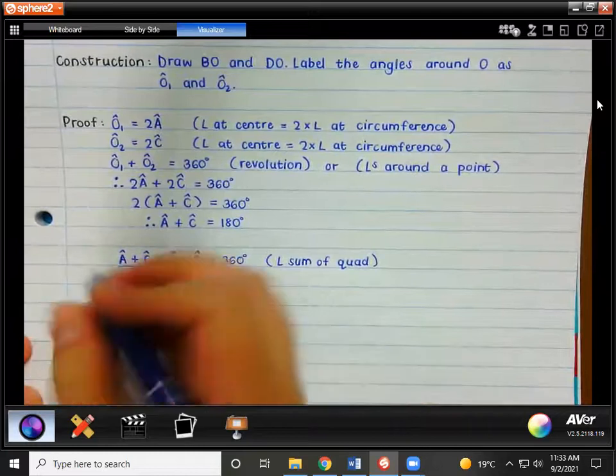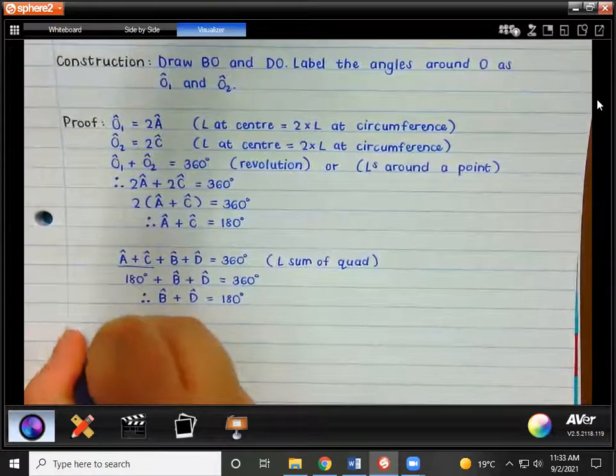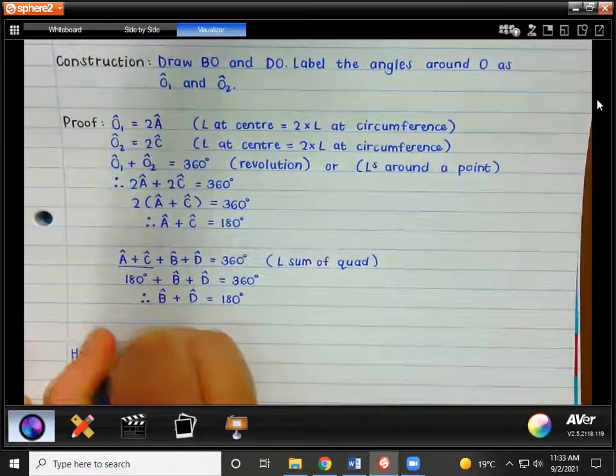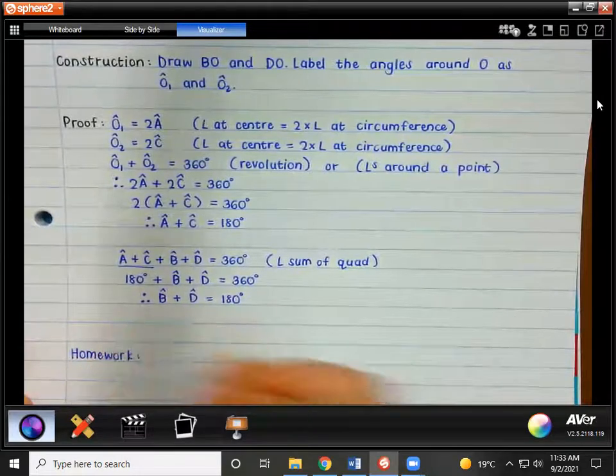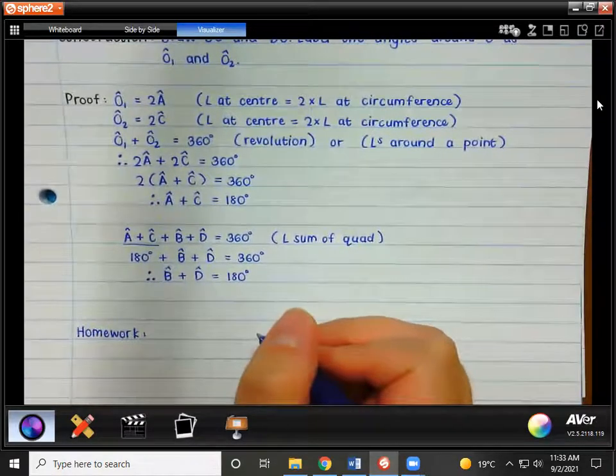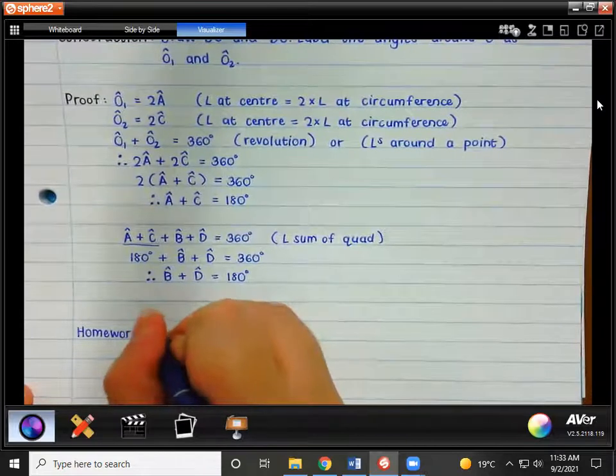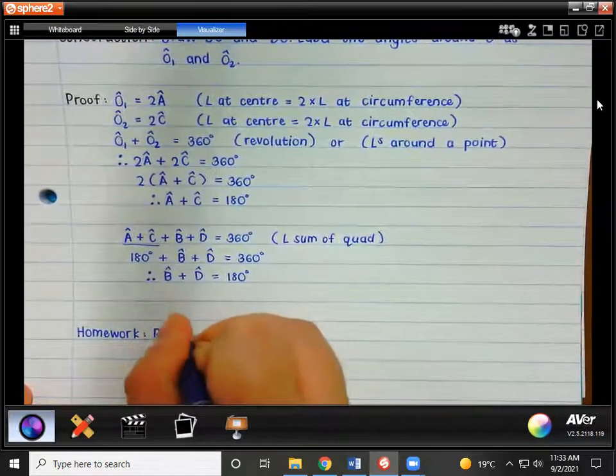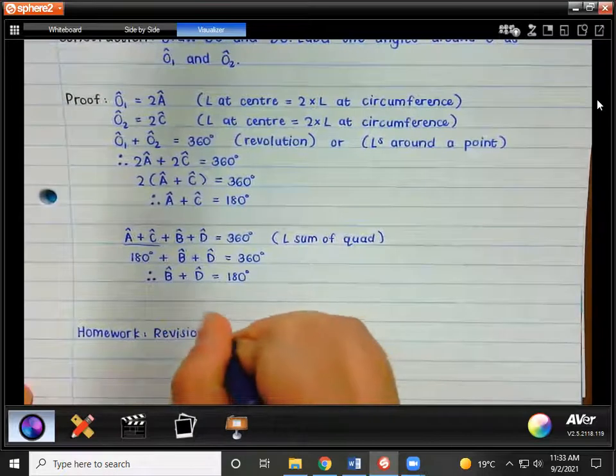Okay, your homework, guys. Again, from the revision exercise, but now I want you to do number 6. So revision on page 213, that's the page that the question is on.